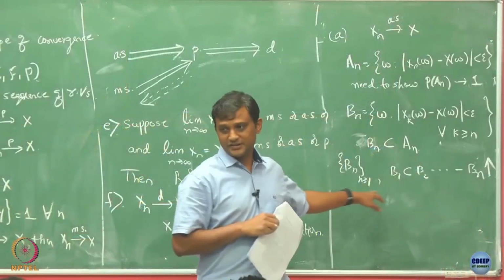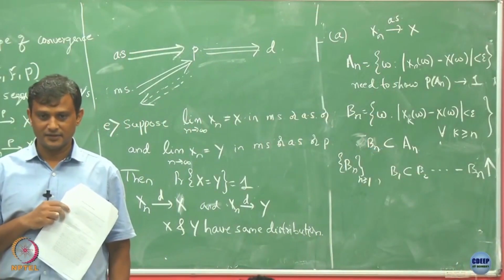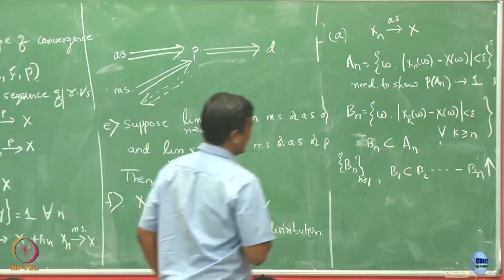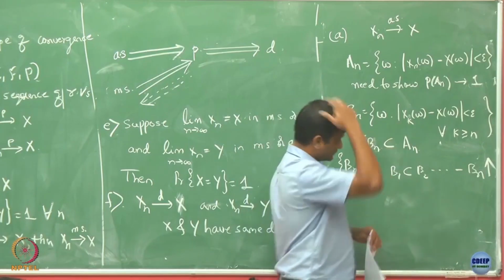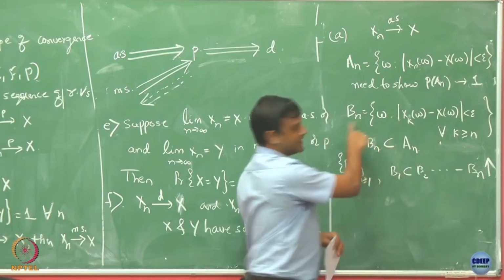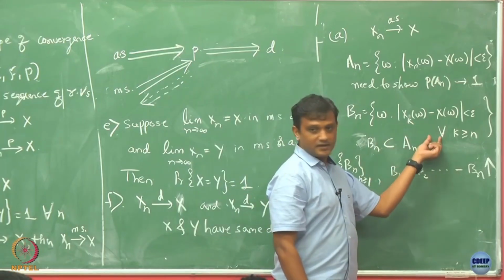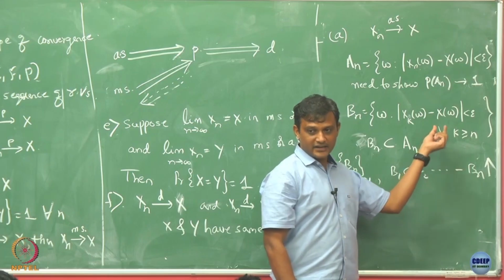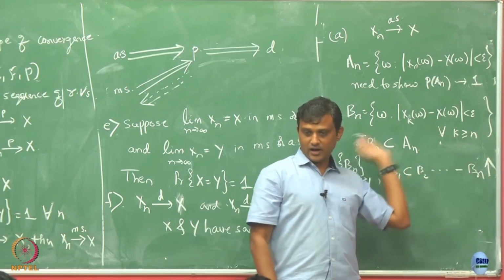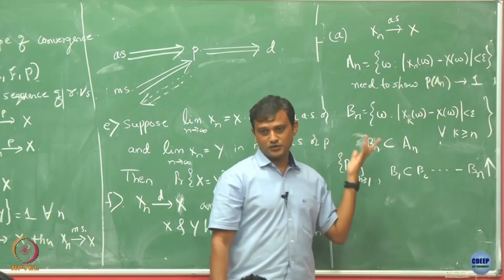Are you convinced or not that Bn is monotonically increasing? I just said, let's take n equals 1. Now you want this to be satisfied for all k greater than or equal to 1, like all the points, this should be satisfied. Now let's take n equals 10.